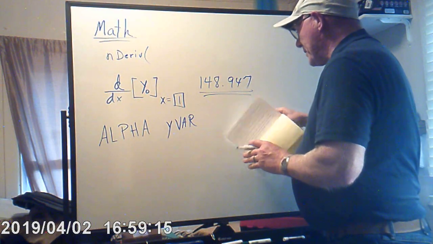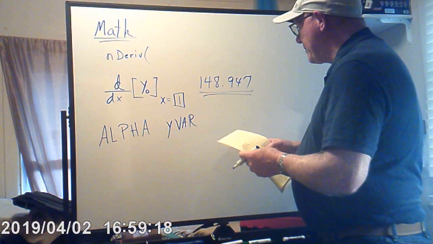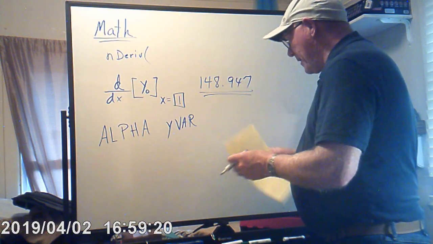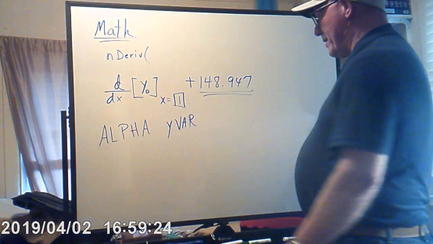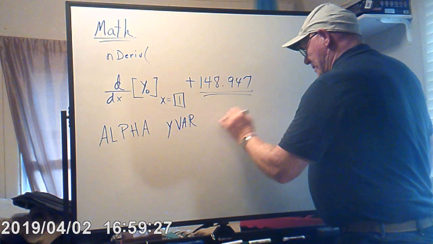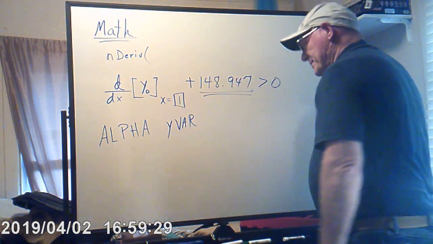Once you do that, you see this is a positive number, and because it is positive, we know that this is greater than 0.